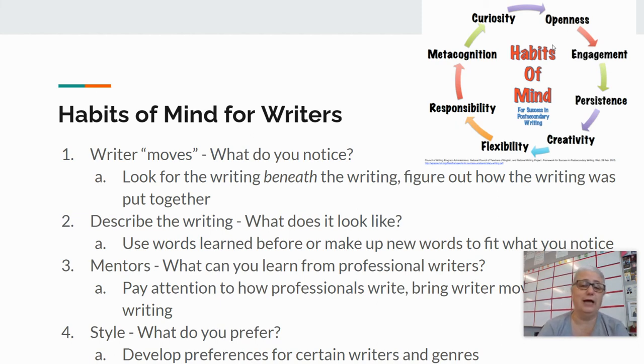You'll take a look at word choice. You're going to take a look at sentence structure, at grammar, at organization, sequence of ideas, all of those things. And you'll decide what writers you like to read because they're enjoyable. You find their writing interesting and fun. And what type of genres do you like?